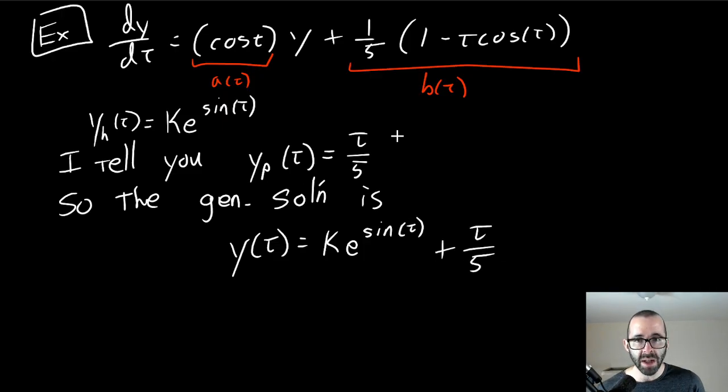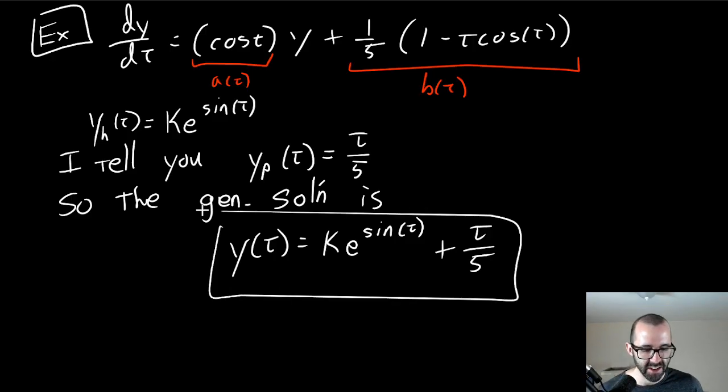And again, there were many, many particular solutions we could have found. It doesn't matter because no matter what they are, this is going to encompass all of them, which is kind of nuts if you think about it. All right. So this is our general solution.